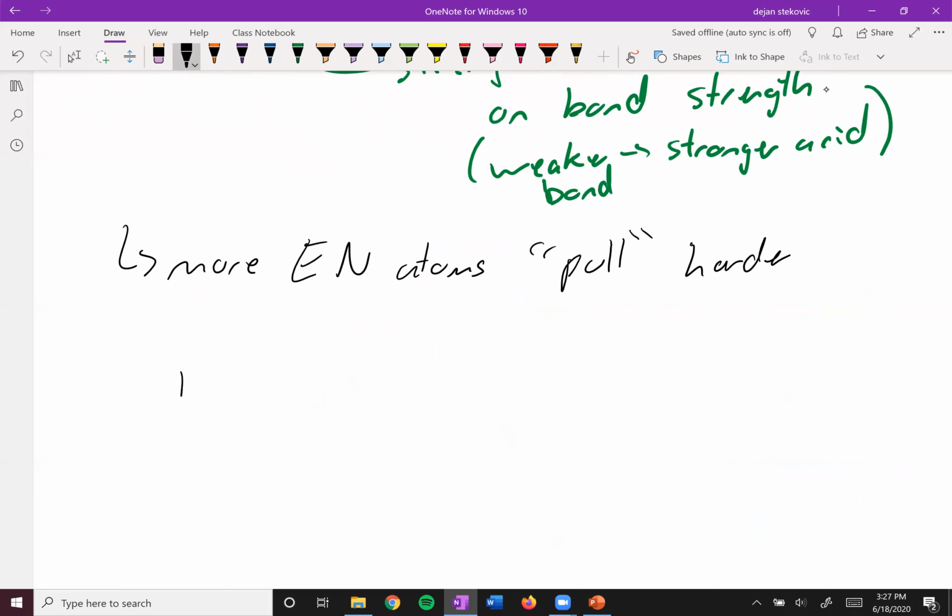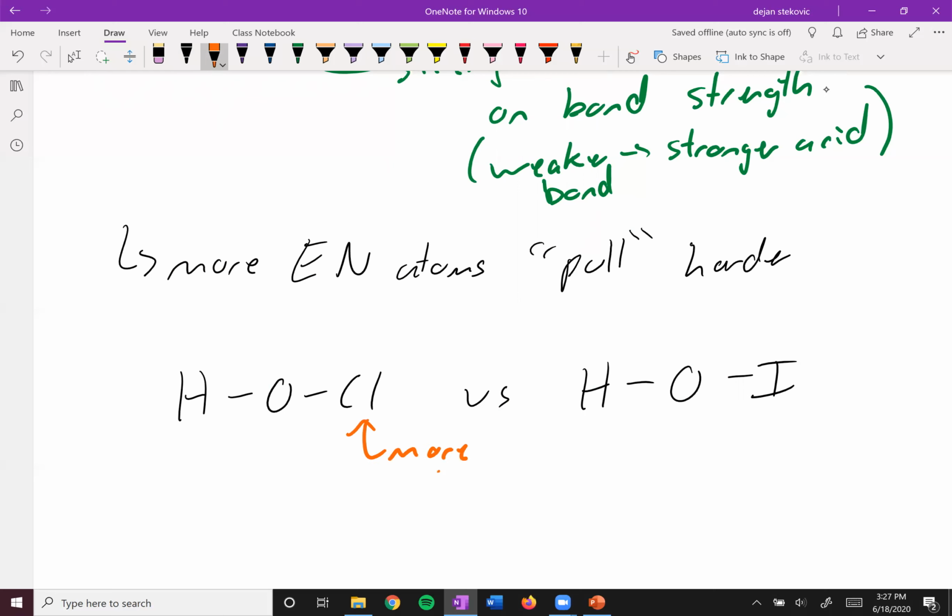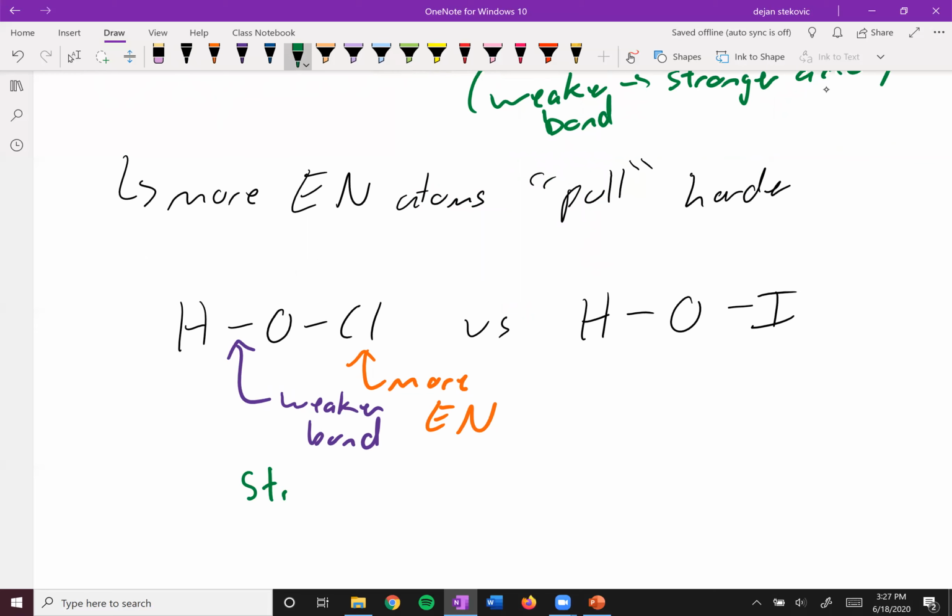So for example, HOCl versus HOI, right? Before it was kind of flipped because of the size, but now we're just talking about electronegativity, right? Chlorine is more electronegative, so it's pulling on these electrons further or stronger, which makes this a weaker bond, which makes HOCl overall the stronger acid.